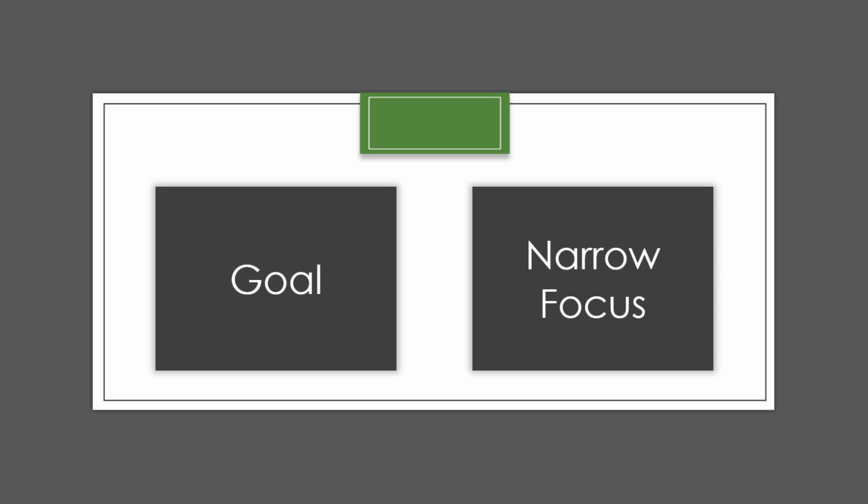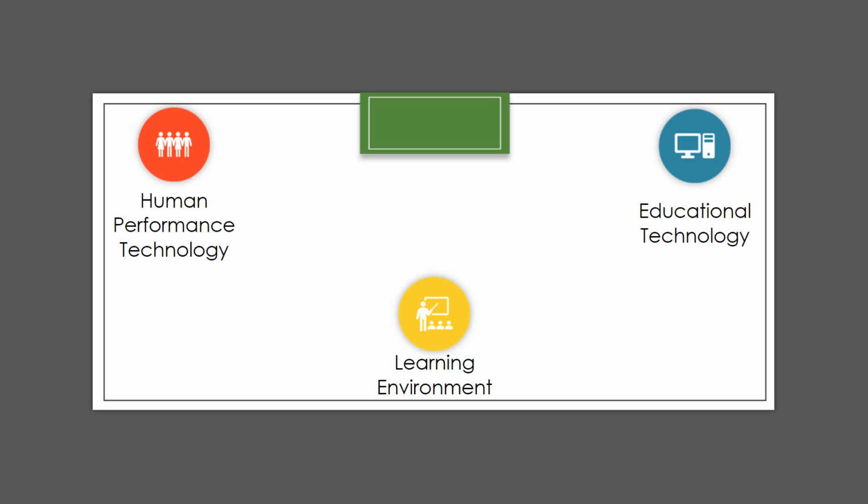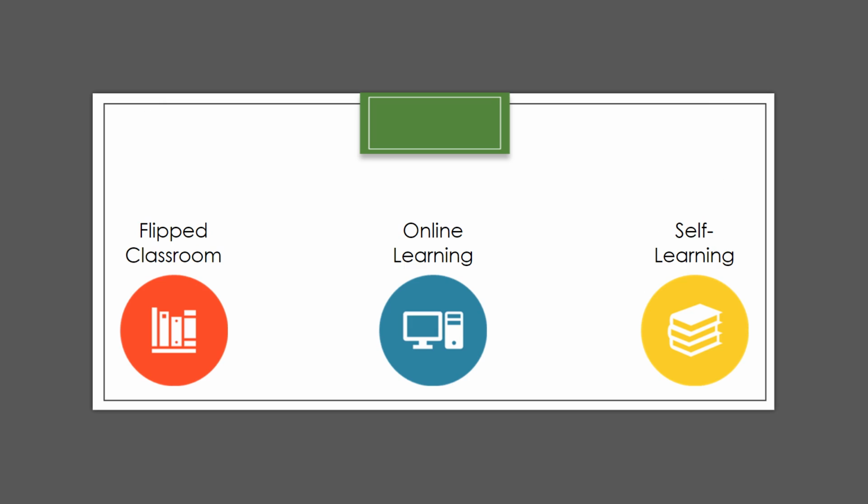The goal of this presentation is to maintain a narrow focus and analyze only how human performance technology pertains to educational technology in the traditional classroom, thus ignoring non-traditional teaching methods such as the flipped classroom, online learning, and self-learning models.